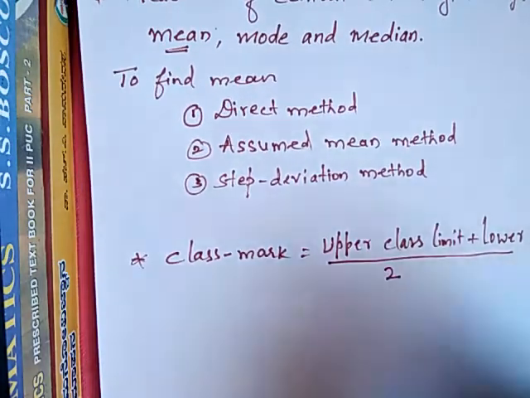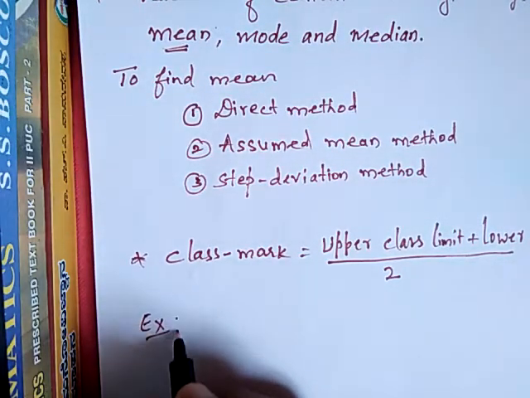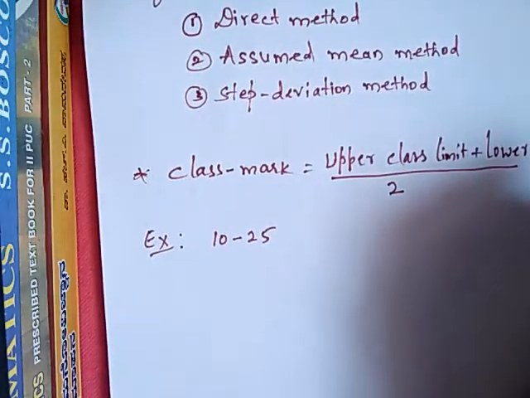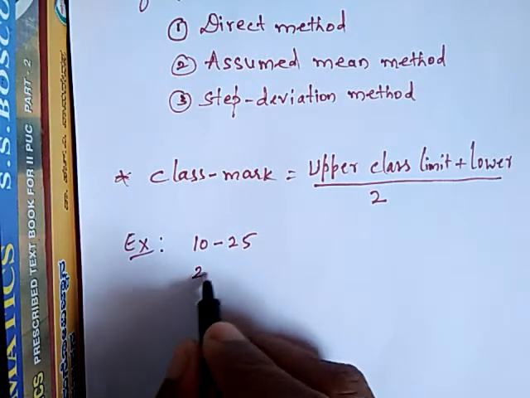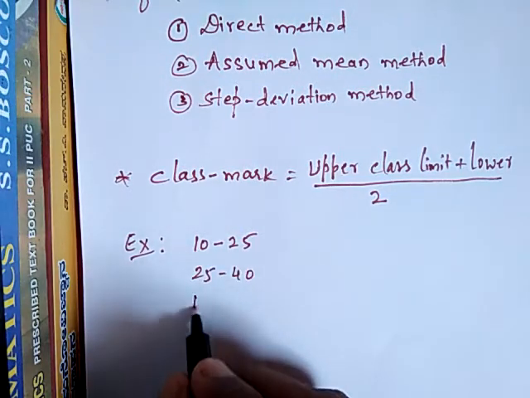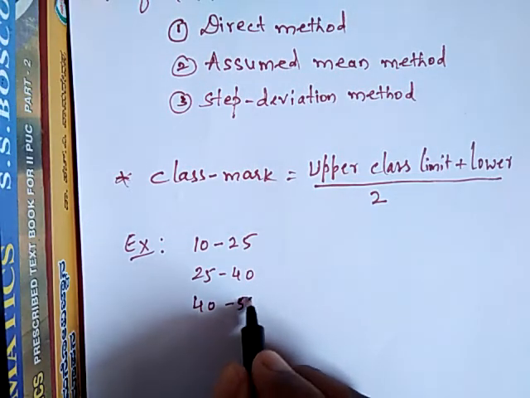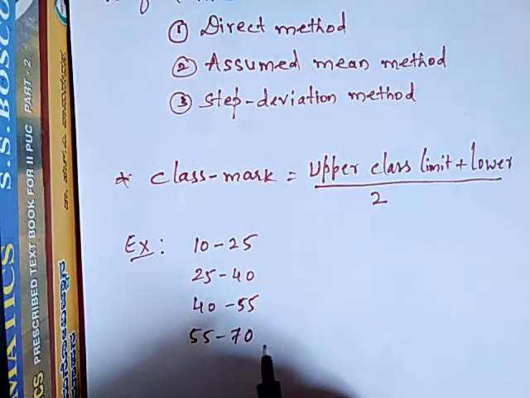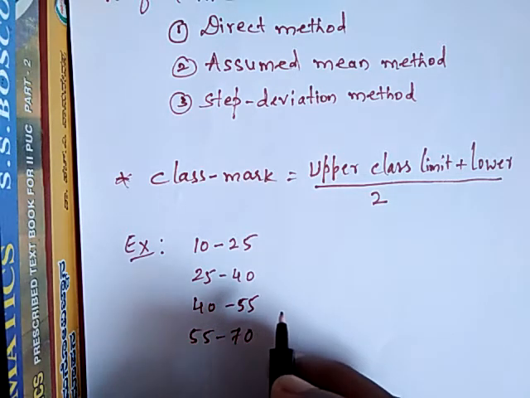For example, the class intervals are given like 10 to 25, 25 to 40, 40 to 55, 55 to 70. Then how to find the class mark? Class mark is nothing but the midpoint. It is assumed that the frequency of each class interval is centered around its midpoint.